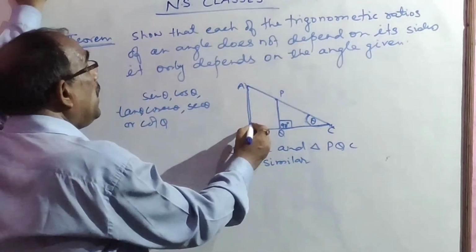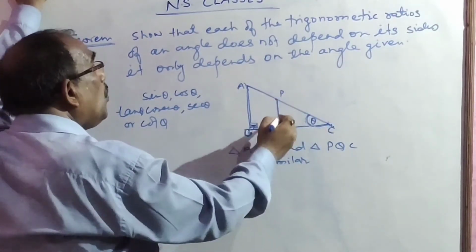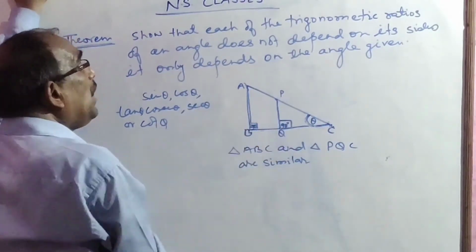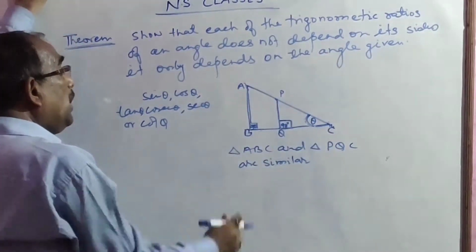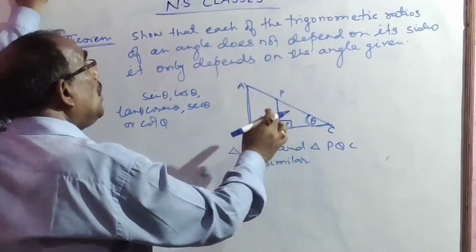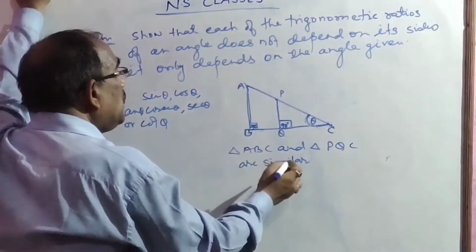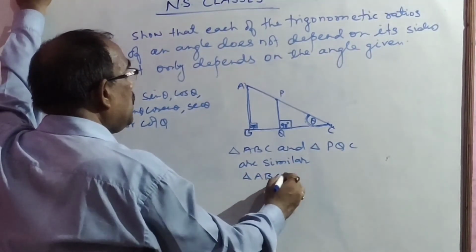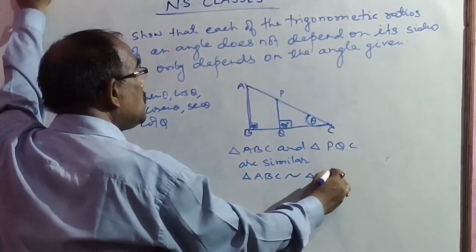That is why we see that this angle and this angle in the bigger triangle and in the smaller triangle, two angles are equal. In ABC and PQC, if two angles are equal, then both the triangles are similar, and we can write here triangle ABC is similar to triangle PQC.